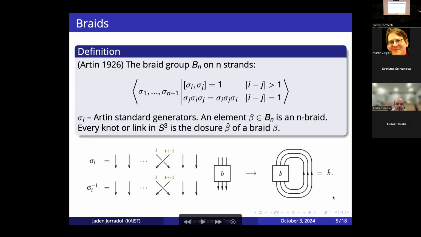The first one is the commutation of the braid. If the indices differ by more than 1, I'll draw braid 4.